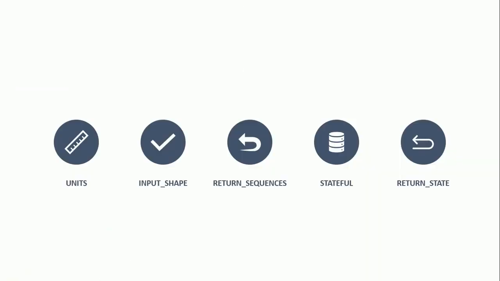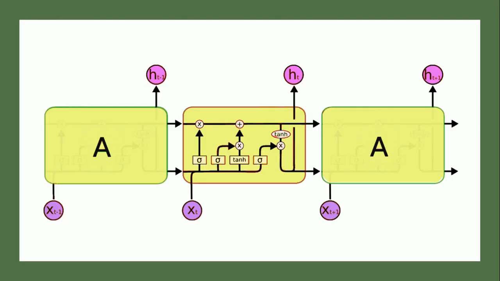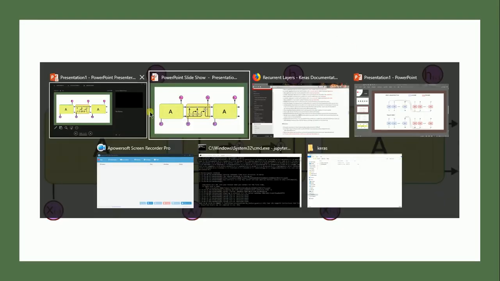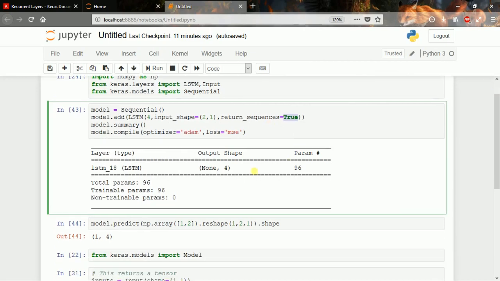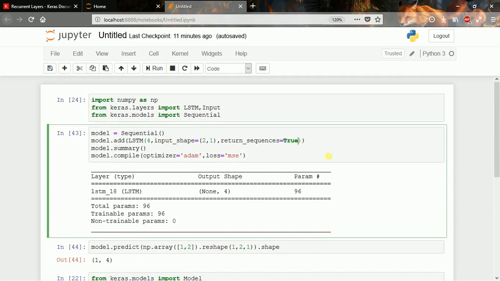So our next one is return state. That one is easy. Let's go to this diagram, I will explain with this one. Let's specify return state true here. Okay, let's try to run this one.